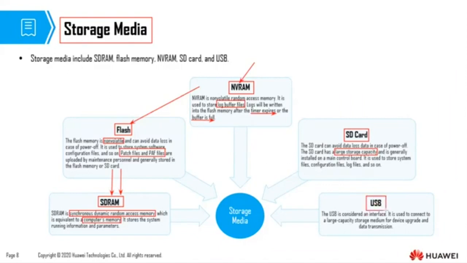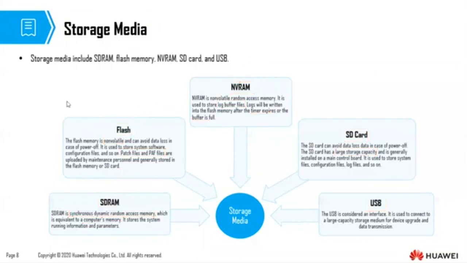Similarly, you can also use a USB flash drive to do that. Most of the time, we also use either the SD card or USB, for example, to transfer files or to backup files from the device. So those are the commonly used storage media in Huawei data communication equipment.